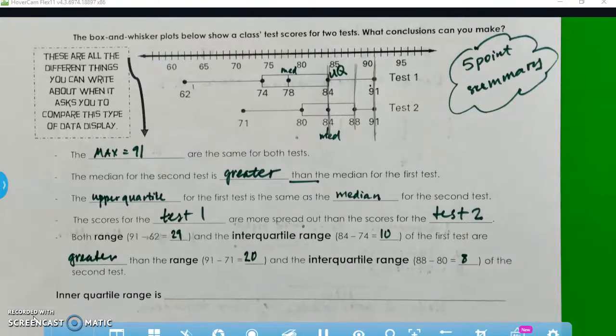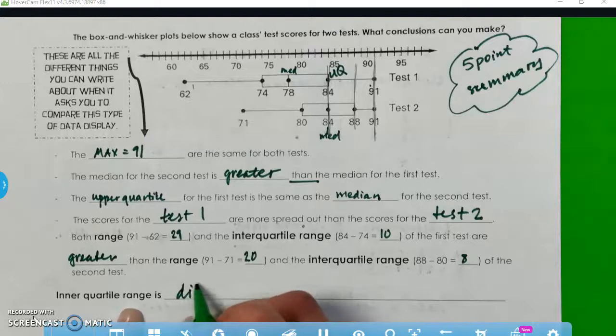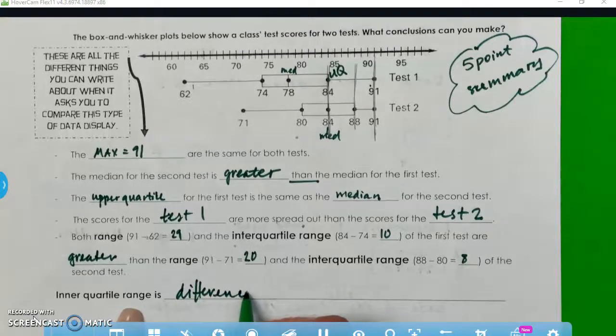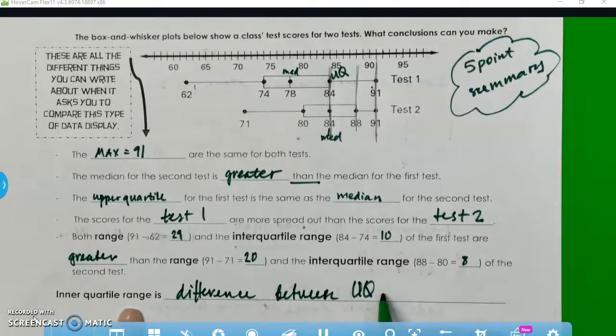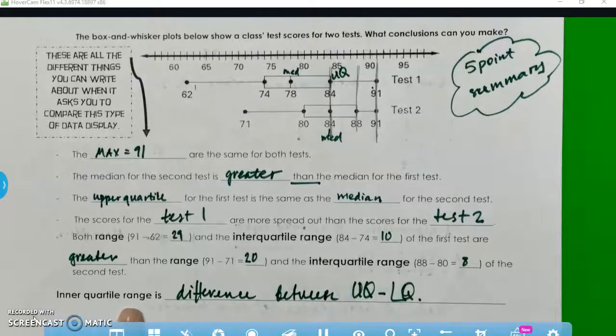So more variety of data created a wider range of data. And just as a quick reminder, IQR is the difference between upper quartile and lower quartile.